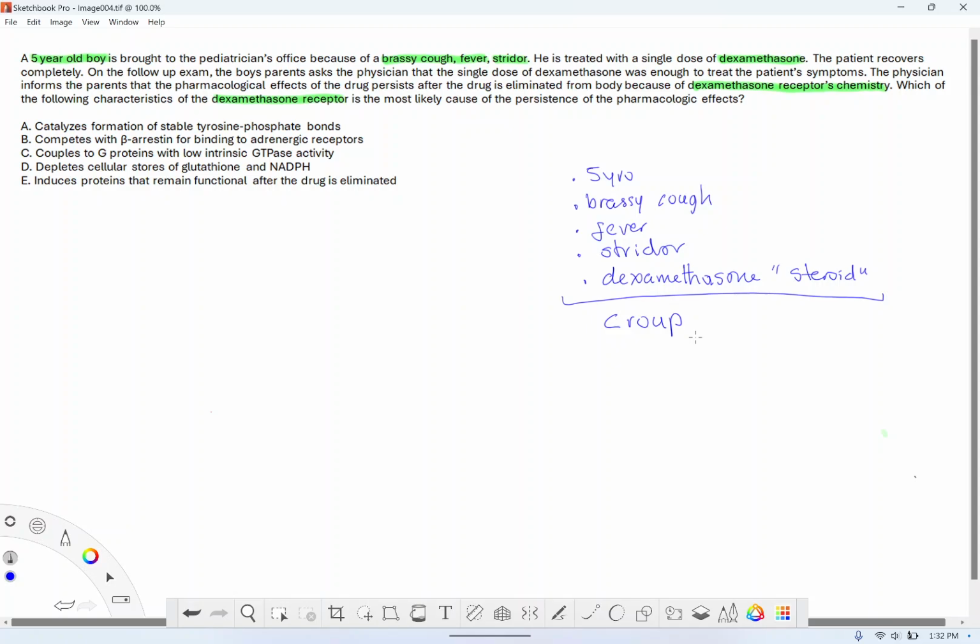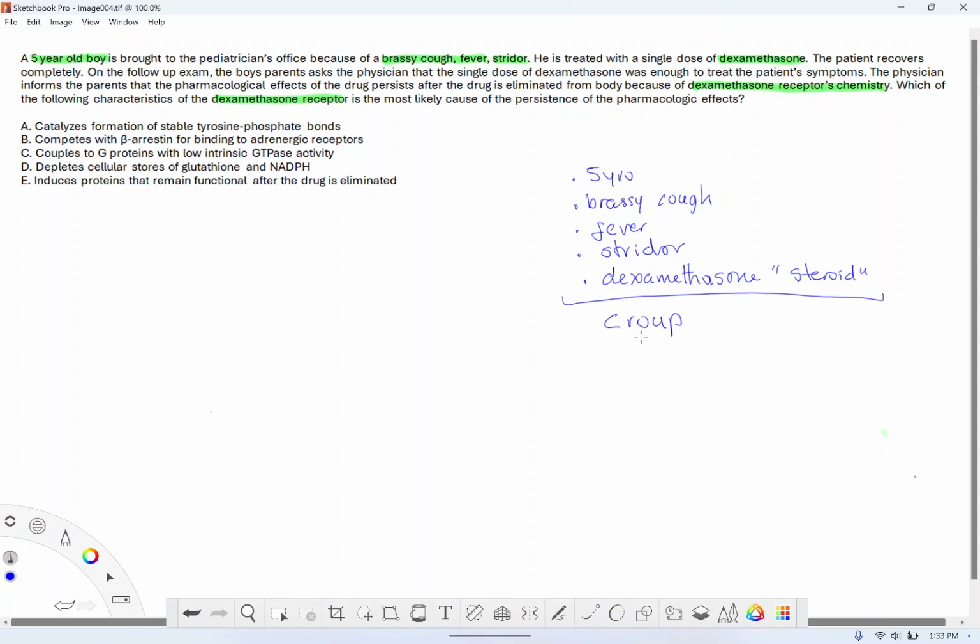Usually it has a barking cough and hoarseness and loud breathing and stridor, because of the inflammation of the larynx. That's why you will have this barking cough. The larynx is inflamed, causing hoarseness, and it can cause difficulty breathing and stridor because laryngeal spasm and bronchial spasm can lead to this difficulty breathing. Okay, and dexamethasone is a drug of choice for children.